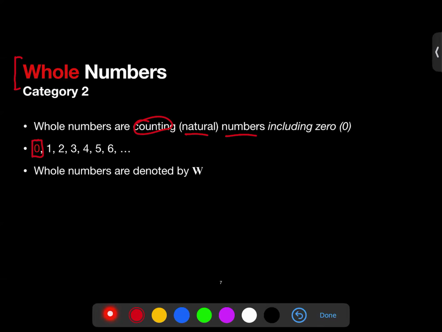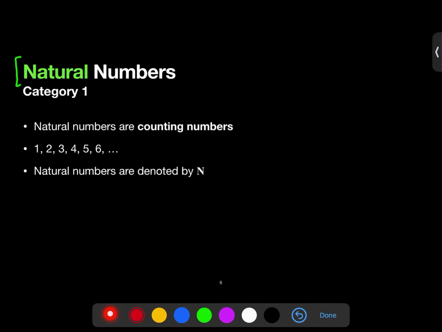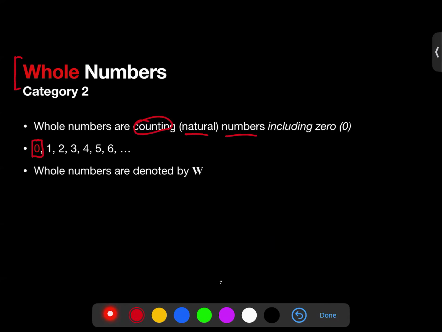So remember, the natural numbers do not have 0, but the whole numbers have 0. So that's very important to remember.